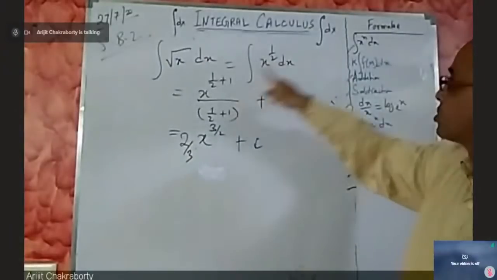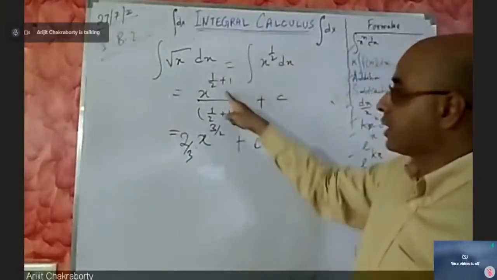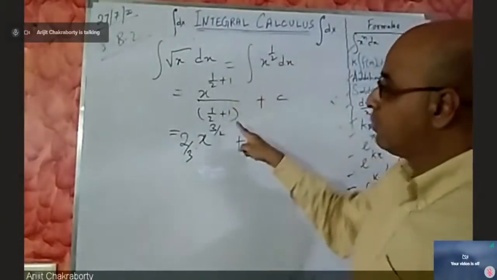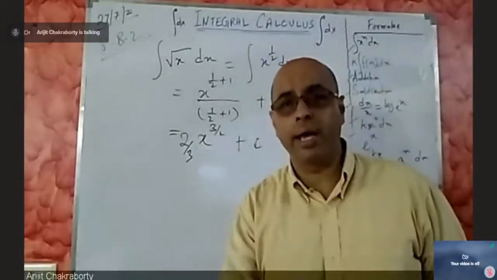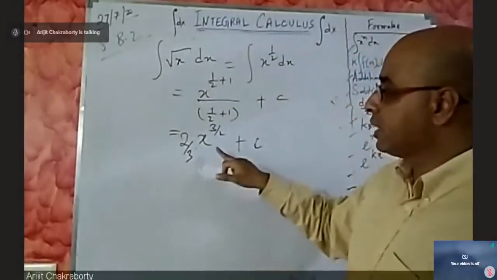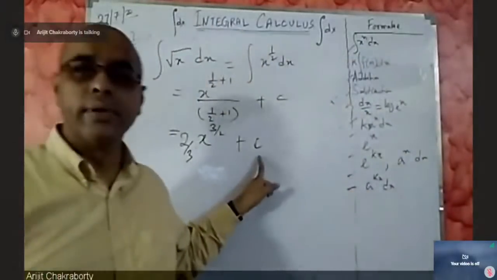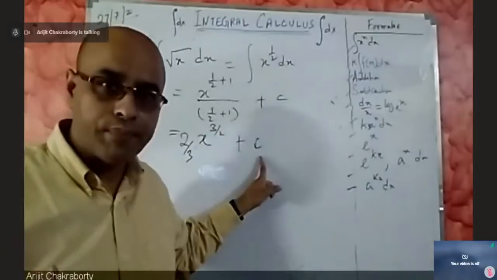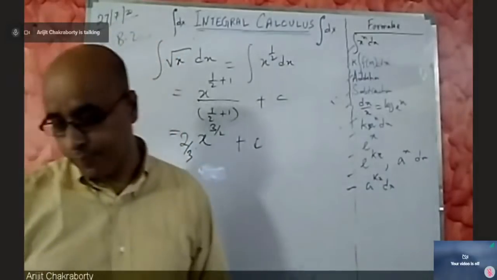So we have used the power function rule, and we have got x to the power half plus 1 by half plus 1, and this ultimately simplifies to 2/3 into x to the power 3 by 2 plus the constant of integration c. Okay, so this is the solution to this particular problem.